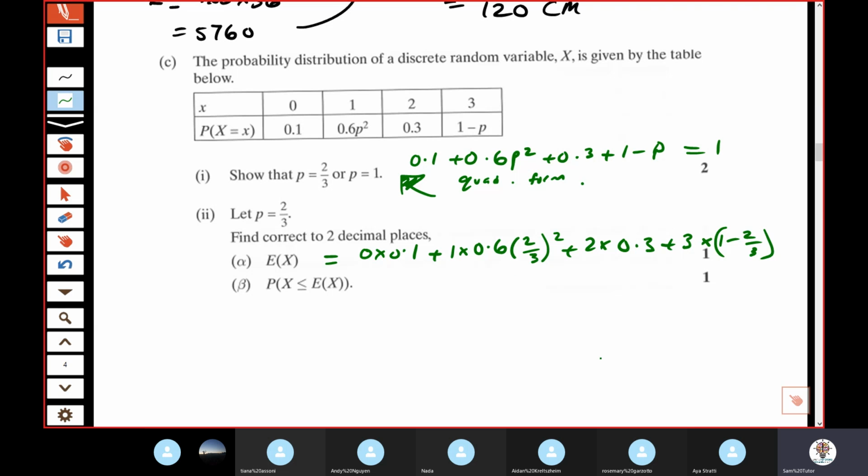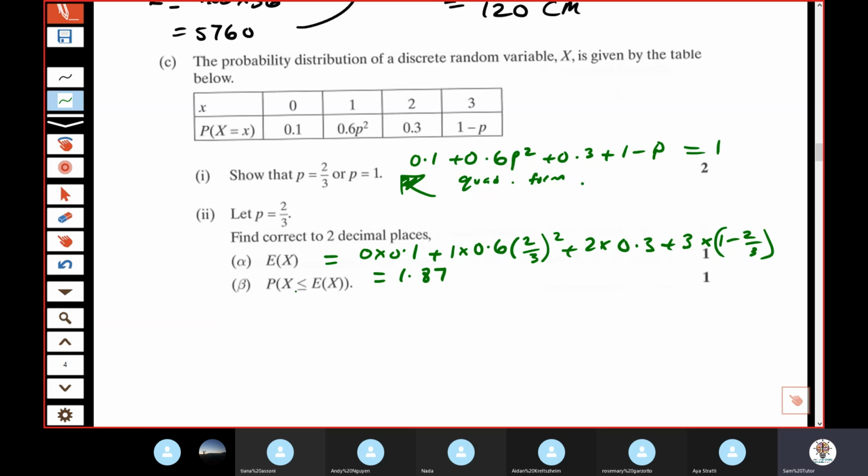Everyone's okay with that? And we need an answer so we can do the second part. Okay, give me a second. Plus 0.6 plus 3 times a third. 1.87.